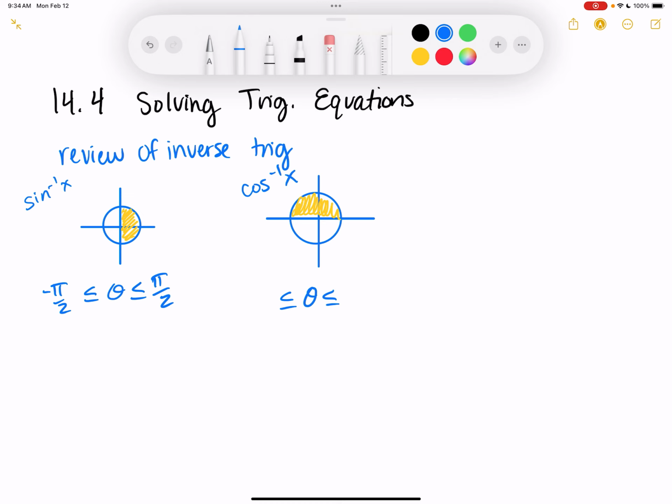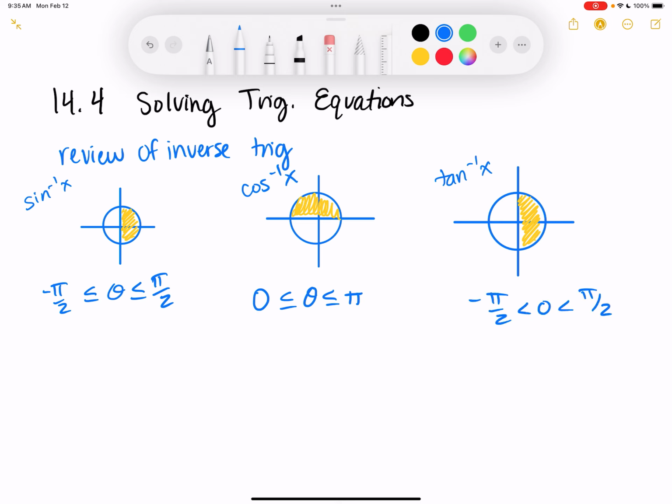What's this value? 0. What's over here? Pi. And inverse tangent is where? Same as sine. So it is also from minus pi over 2 to pi over 2.